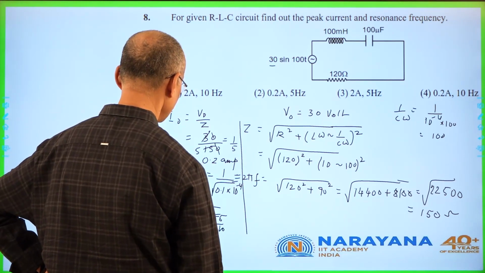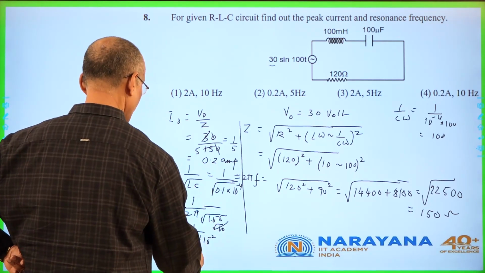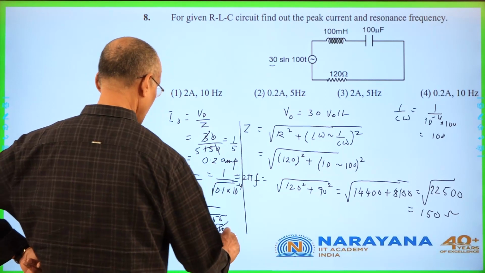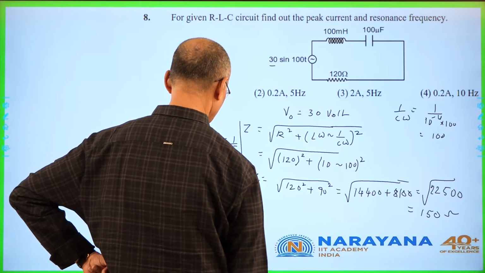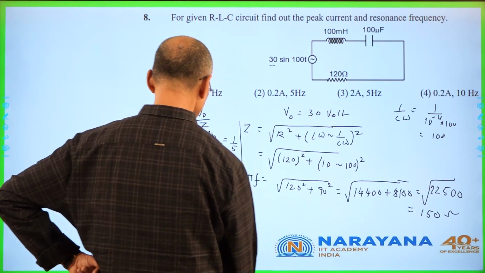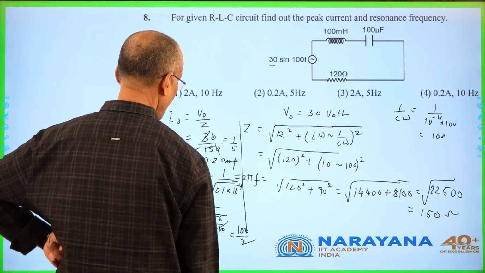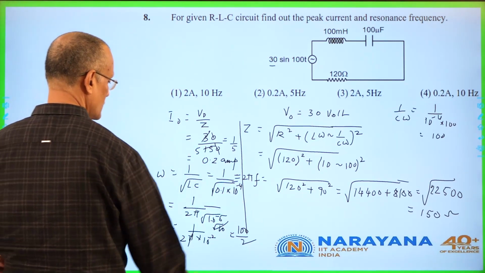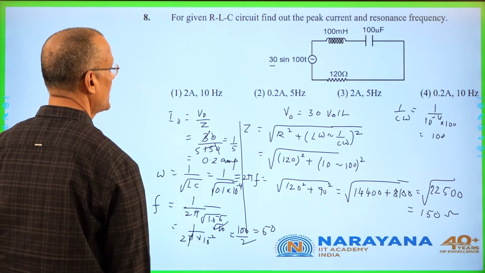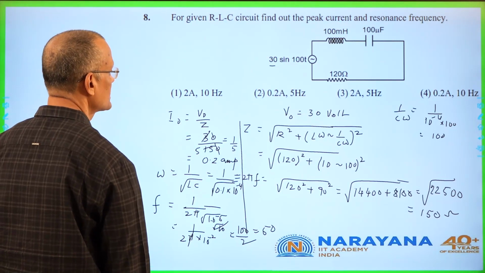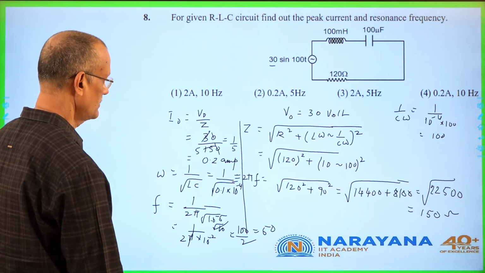Root 10 cancels, and I am getting around 50 hertz, not 5. The answer they have given is 5 hertz. We will have to check the calculation part.